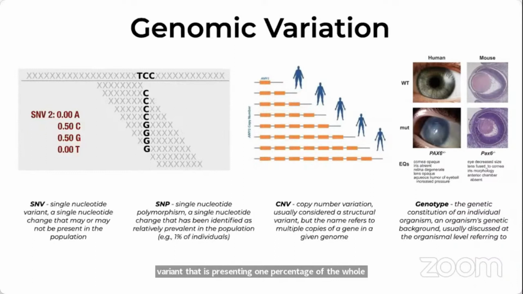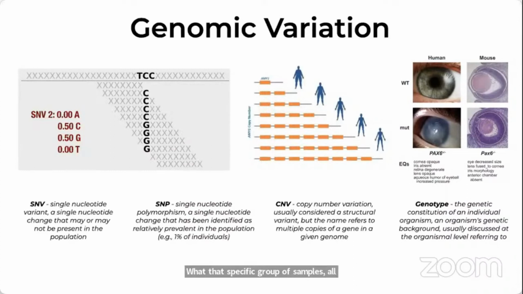For example, the SNPs that are characterized for ethnic groups and different races, like Caucasians, Asians, and Europeans, involve sequencing more than 1% of the population to identify these single nucleotide polymorphisms for that specific group of samples or population.